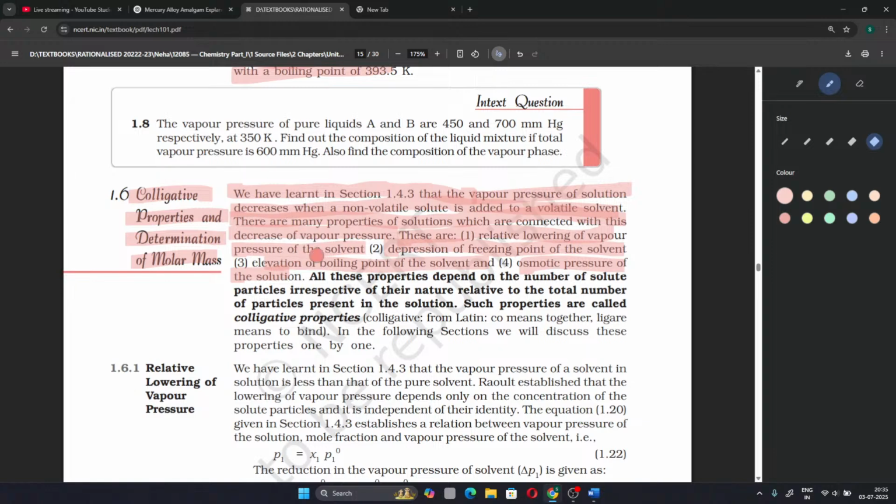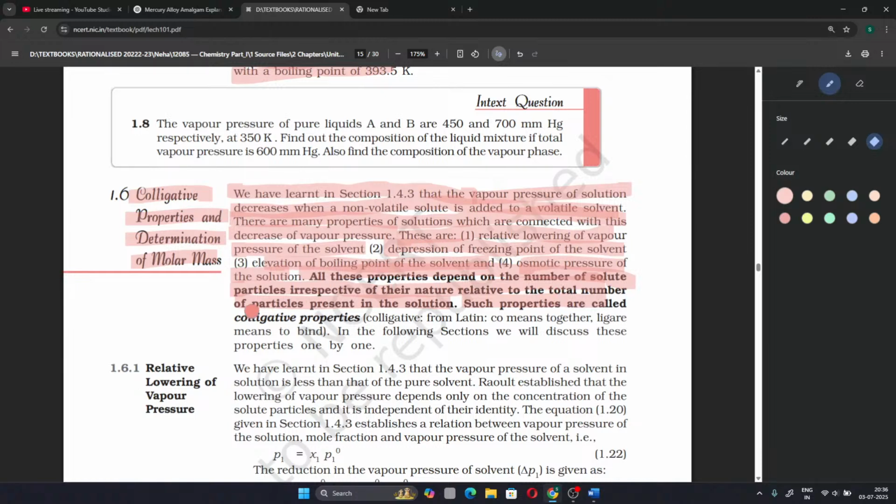All these properties depend on the number of solute particles irrespective of the nature of the solute and solvent particles, relative to the total number of particles in the solution. They only depend on the total number of particles in the solution.